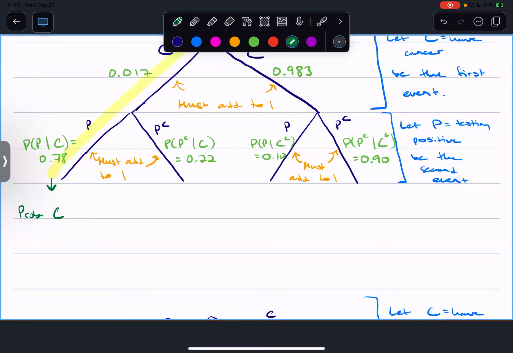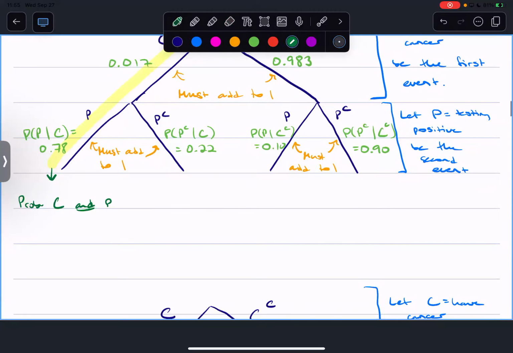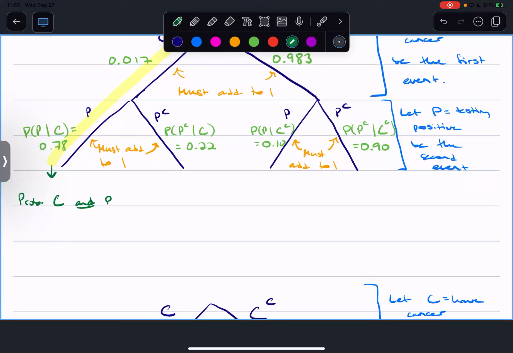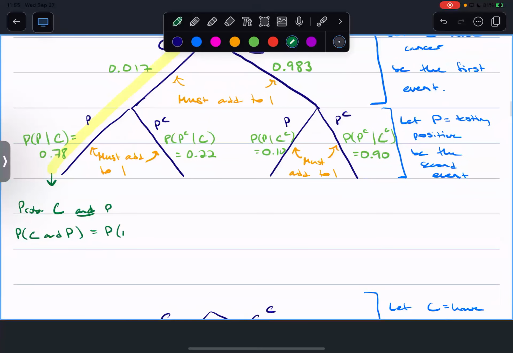The probability of C and positive, P. From the conditional probability formula, I know that the probability of C and P is the probability of P given C times the probability of C. Just multiplying down the branch.